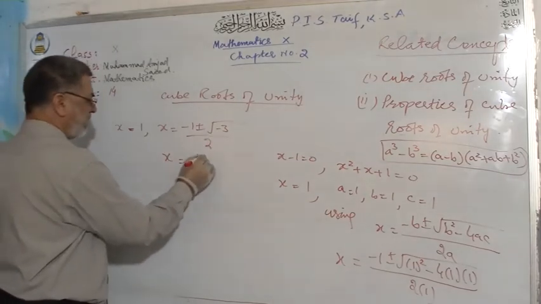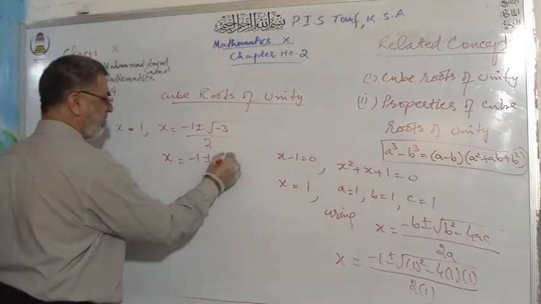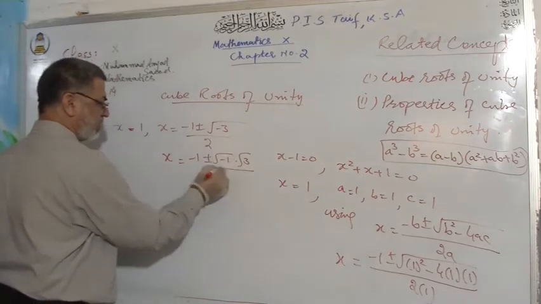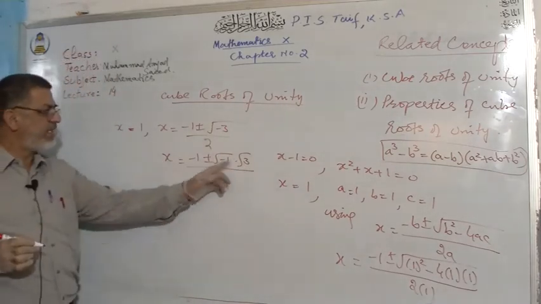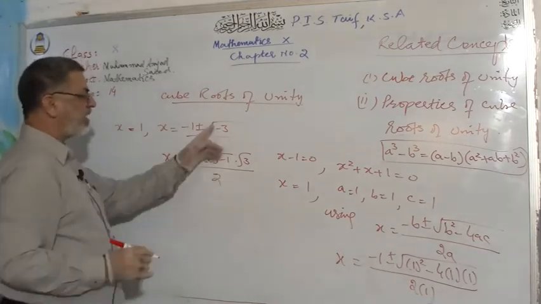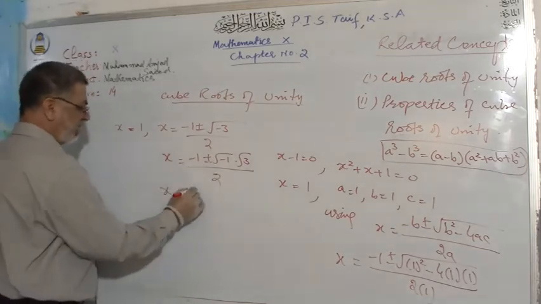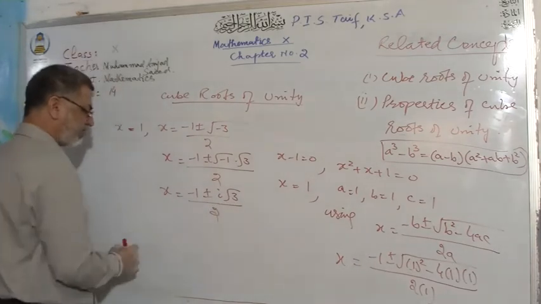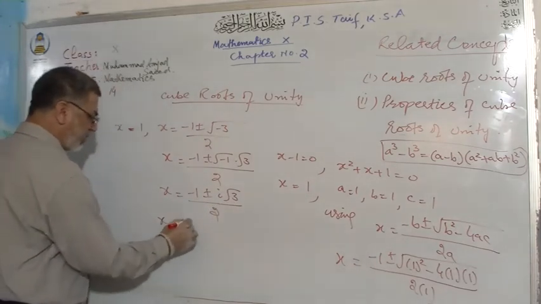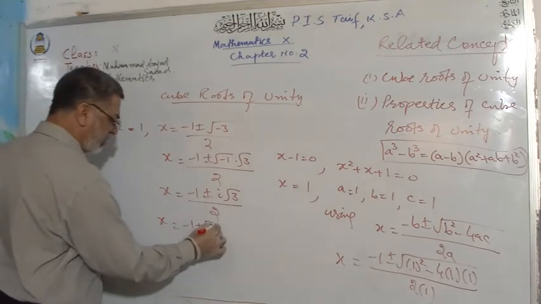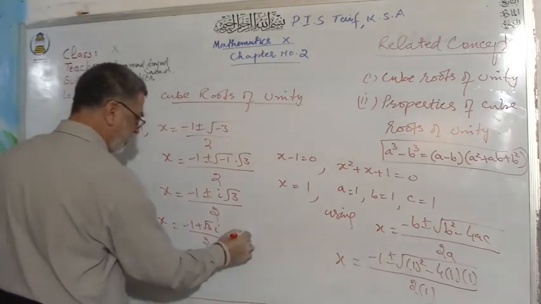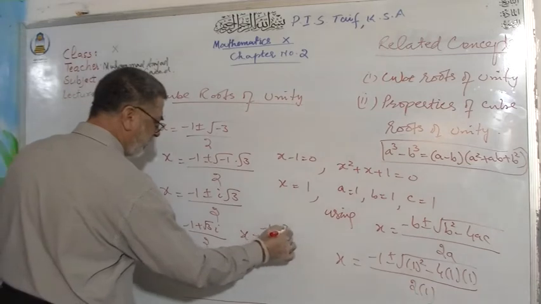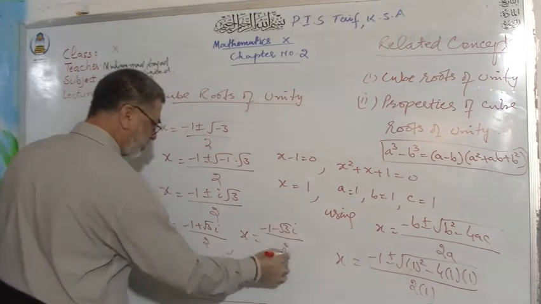So x is equal to minus 1 plus minus the root of minus 3. The root of minus 3 can be written in this way; you split up this radical sign. x is equal to minus 1 plus minus iota root 3 over 2. So x is equal to minus 1 plus root 3 iota over 2, and x is equal to minus 1 minus root 3 iota over 2.